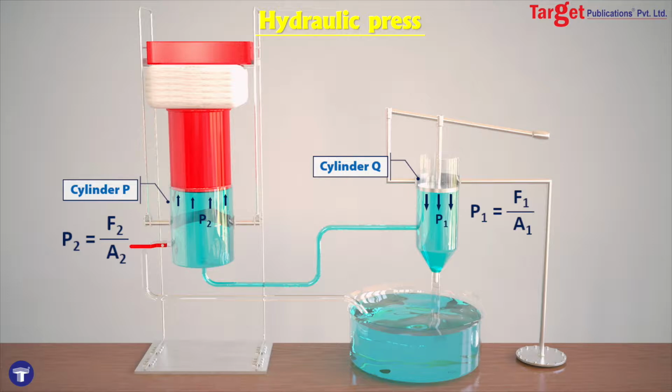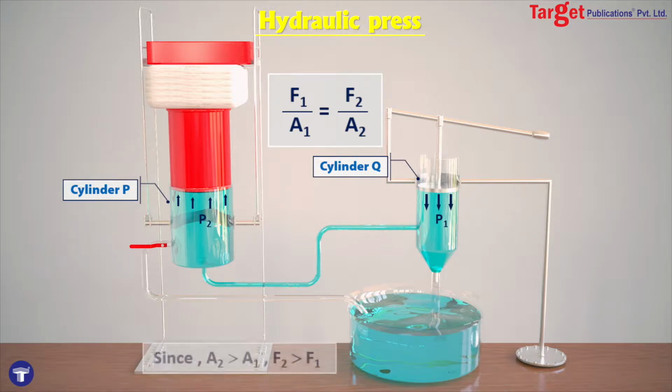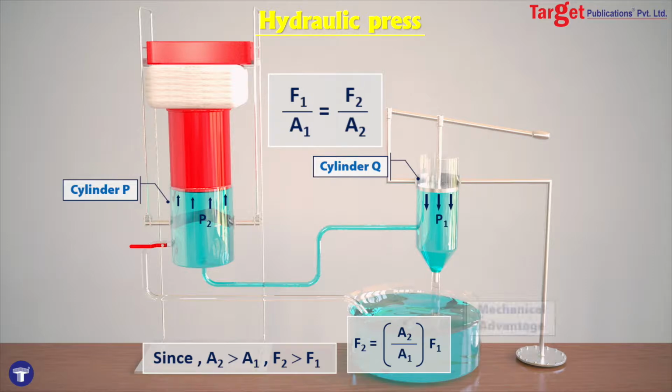These two pressures, P1 and P2, are exactly the same according to Pascal's law, which means that F1 upon A1 is equal to F2 upon A2, and hence if F1 is small, the force obtained, which is F2, is increased by a factor of A2 by A1, which is also known as the mechanical advantage of the hydraulic press.